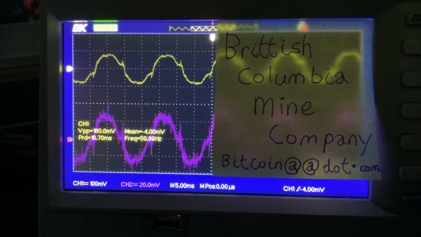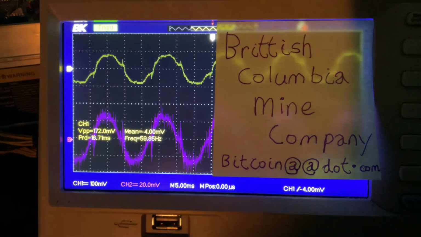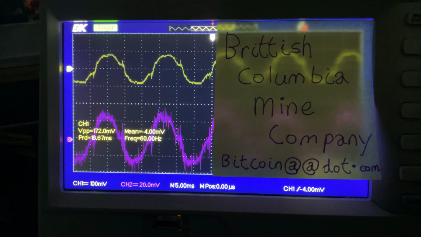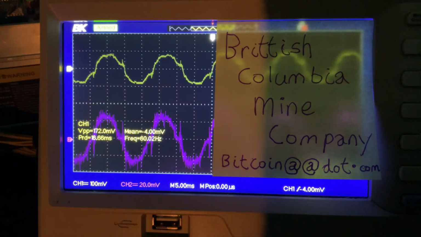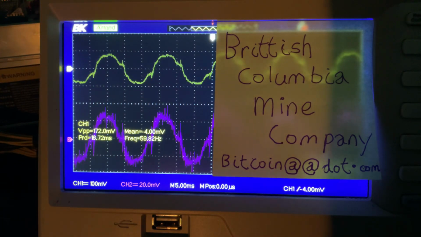So if I type in 172 volts, which is peak value, times square root of 2, this is 243 volts.